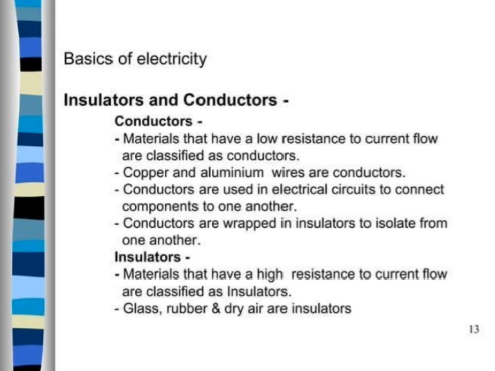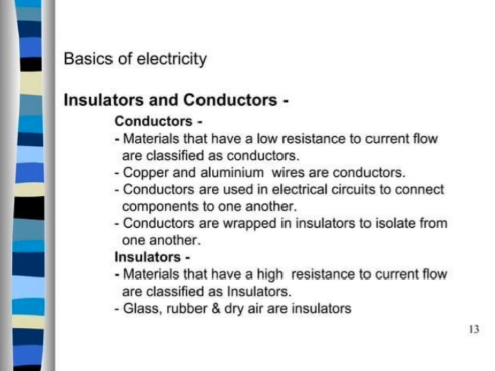And the conductors are used in electrical circuits to connect components to one another. Ibali magband sila to produce electricity. So conductors are usually wrapped in insulators to isolate from one another.